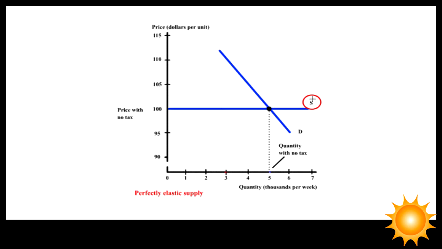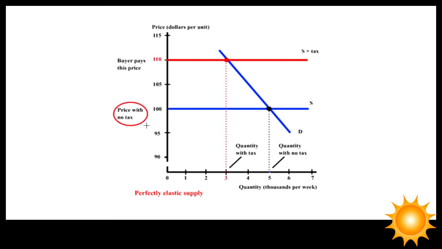The fixed price retained by the seller stays the same. If demand remains unchanged, buyers end up paying the full share of the per unit sales tax.